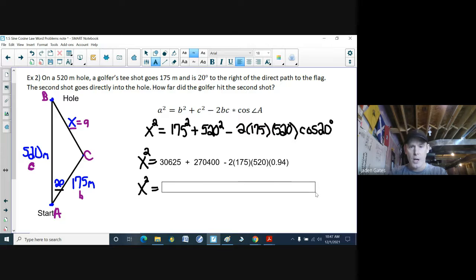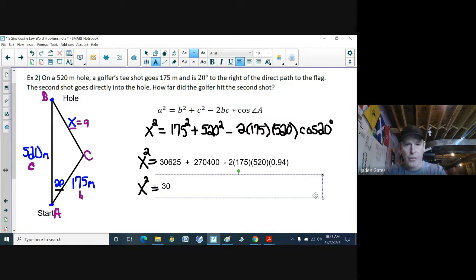So I'm not going to do anything with that 30,625 just yet, and same thing with this 270,400. But I am going to figure out those four numbers multiplied: 2 times 175 times 520 times that 0.94.